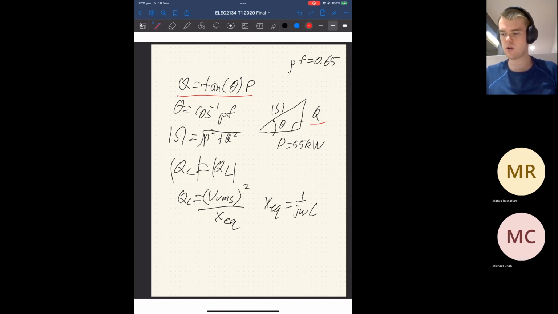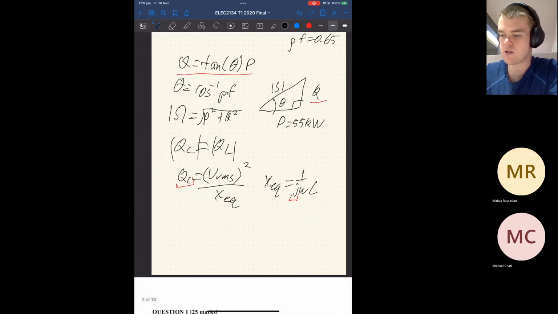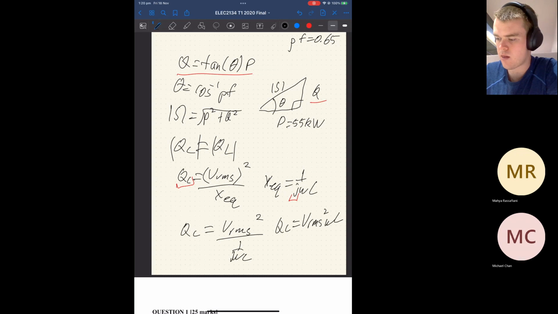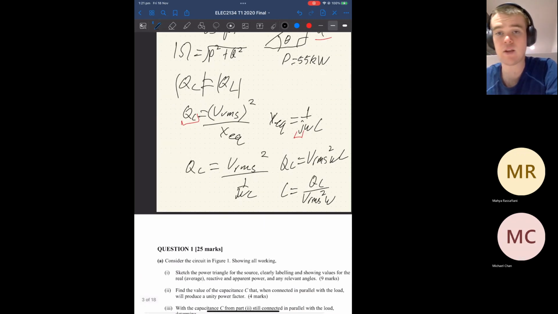Now, I'm not going to worry about this j because I'm only interested in QC, so the j is in effect accounted for. Therefore, QC is equal to V RMS squared all on 1 on omega C, which then gives QC equal to V RMS squared omega C. So then C is equal to QC on V RMS squared omega. And that gets the value of the capacitor.